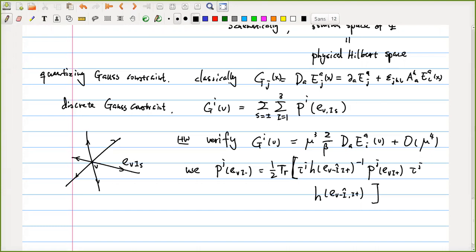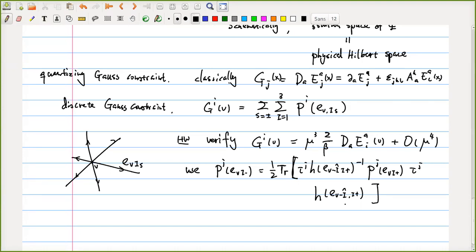You also need to use the continuum limit of the flux. Once you use this formula, you will get the covariant derivative of E. This covariant derivative appears because you have p sandwiched by two h's. That's how you get the covariant derivative.